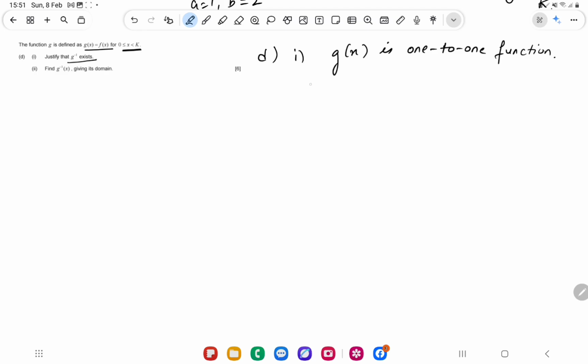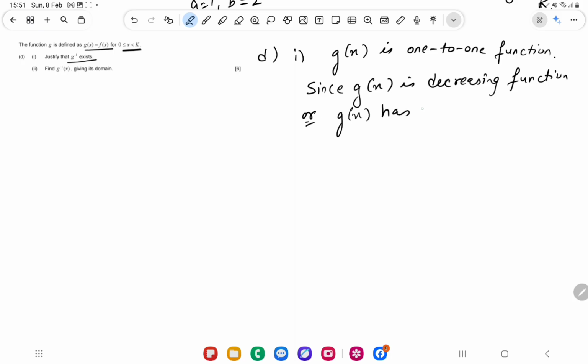Or we can also write that since g(x) is a decreasing function, or that g(x) has no point of zero gradient, so g inverse exists.